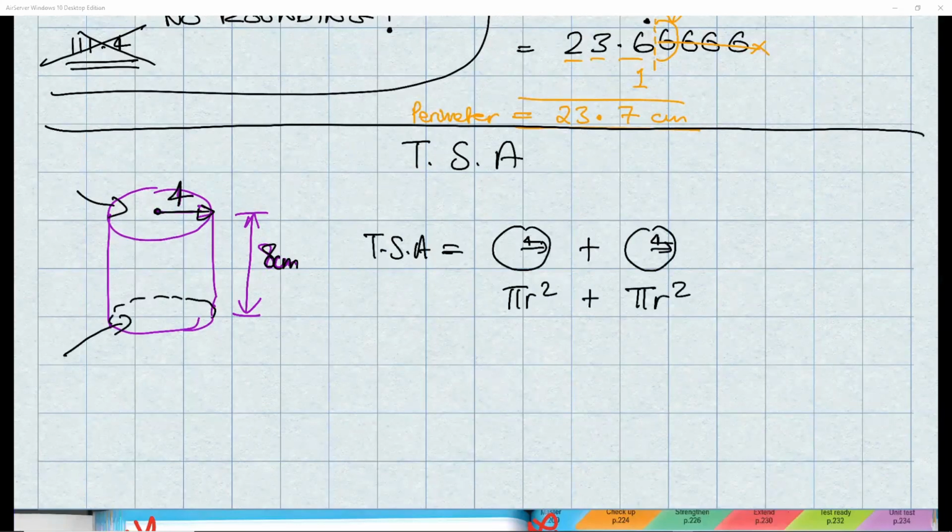Now, what did we do last week to the curved surface area? We had to cut the cylinder and pull it apart. When you cut the cylinder, the curvy bit, and pull it apart, what shape do we get?